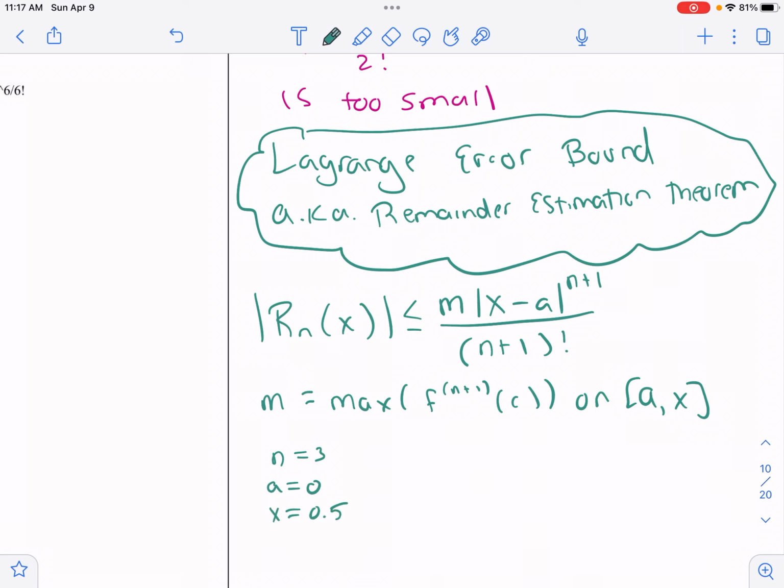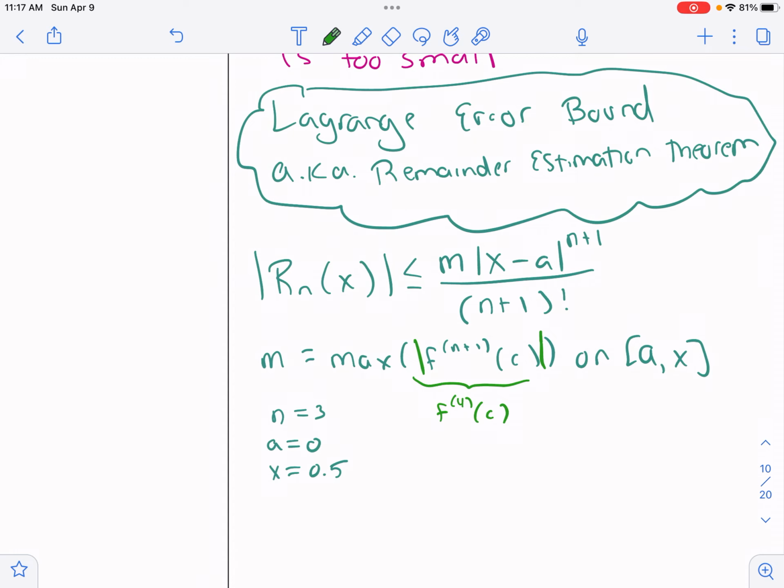It really should be actually also an absolute value, but it's the maximum of the fourth derivative of cosine. So let's just find that. Cosine, and then the first derivative is negative sine, the second derivative is negative cosine, the third derivative is sine, the fourth derivative is cosine.